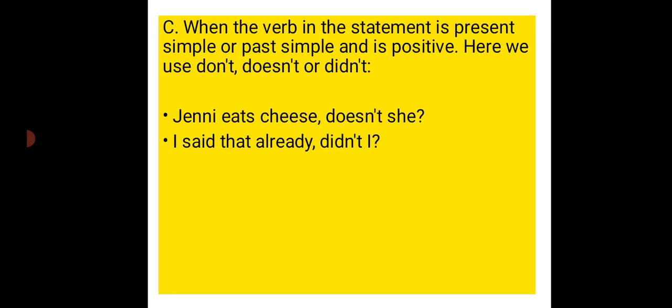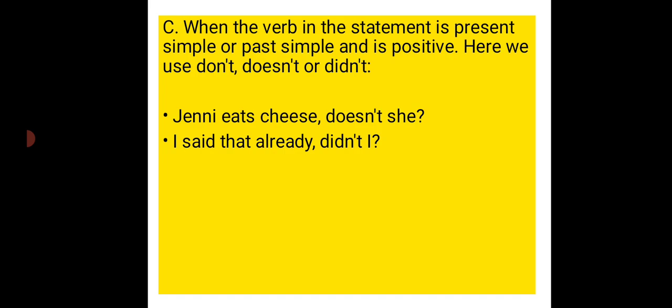Now, next is when the verb in the statement is present simple or past simple and is positive. Here, we use don't, doesn't, or didn't. For instance, Jenny eats cheese.